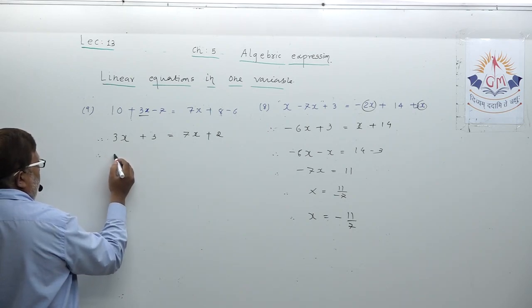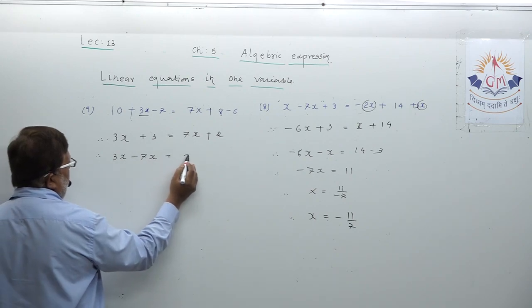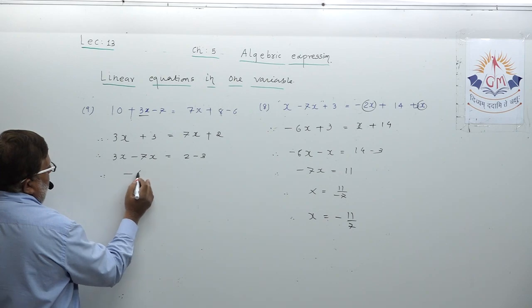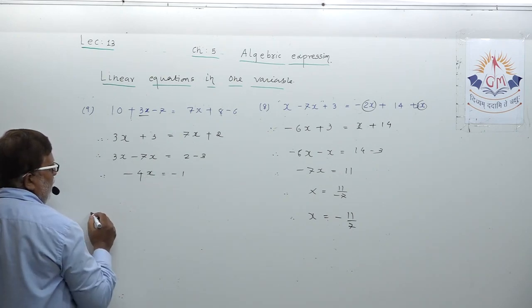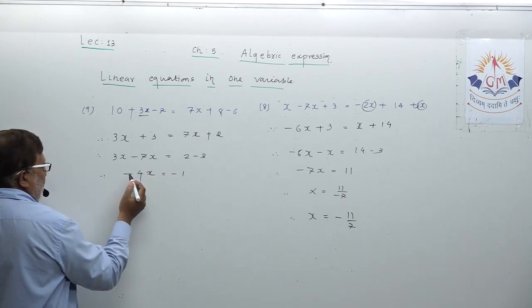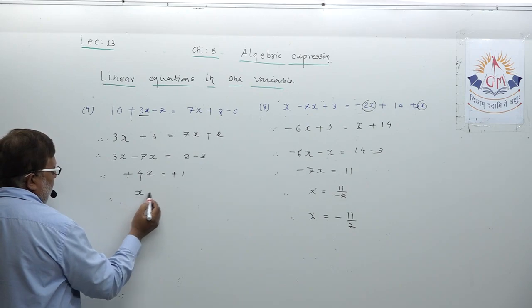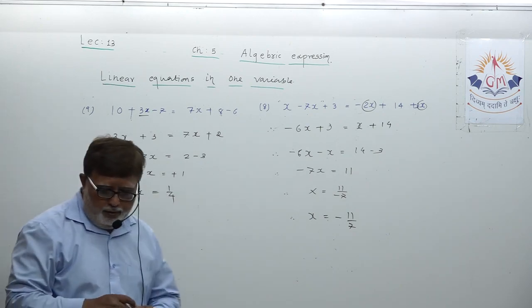Now let us transfer 3x minus 7x, 2 minus 3, minus 4x equal to minus 1. That you know, minus minus, both the terms negative, so positive sign, x equal to 1 upon 4.